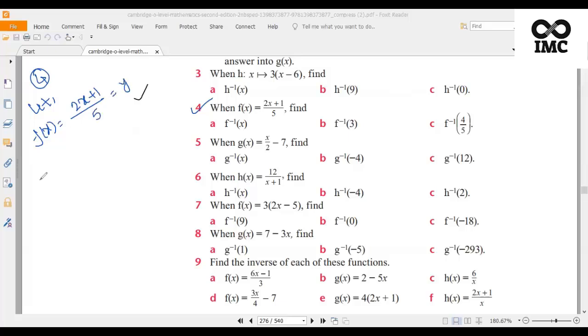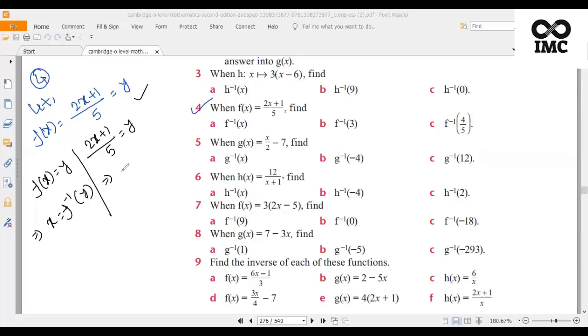Here we can write from this equation f of x equal to y and (2x plus 1) by 5 equal to y. So if f of x equal to y, then x can be written as f inverse y.